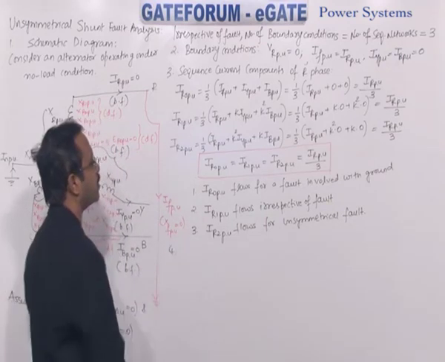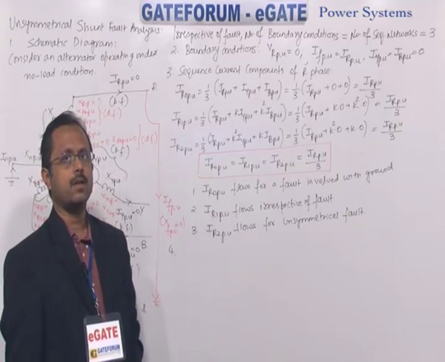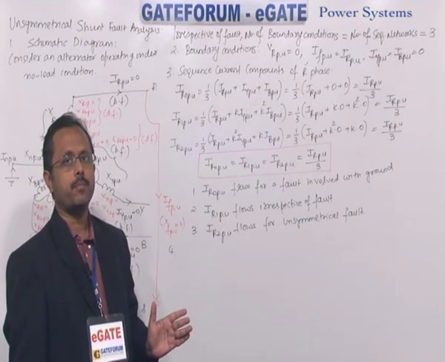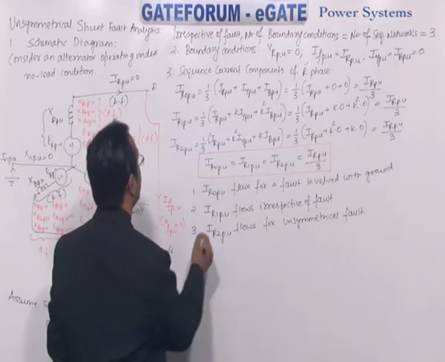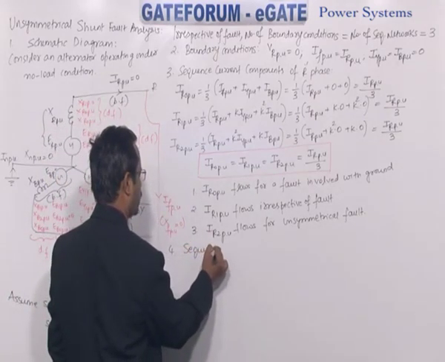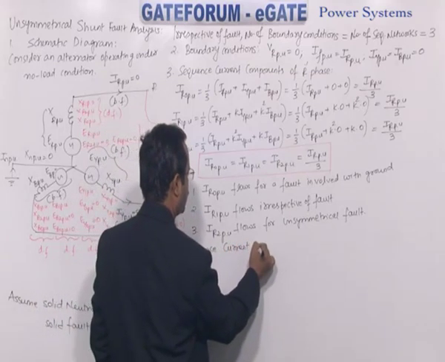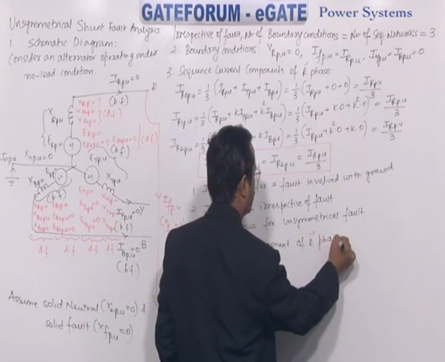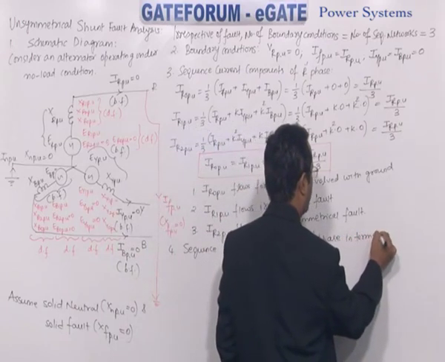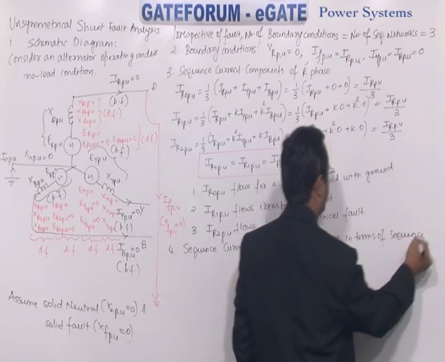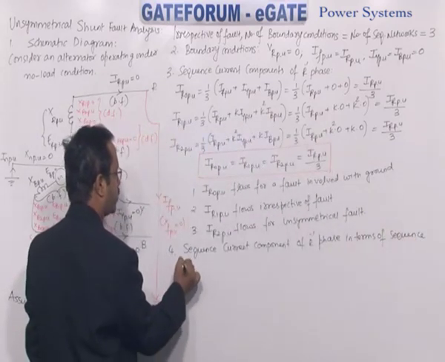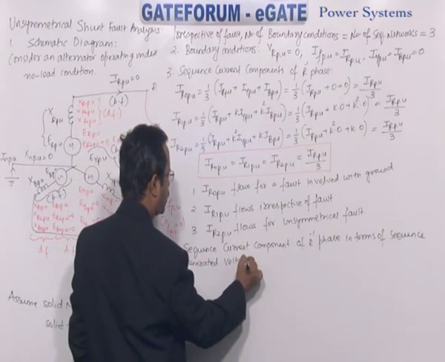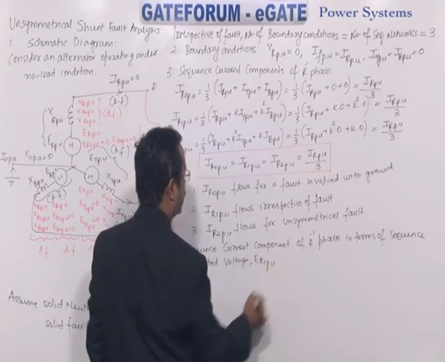Now we find out the sequence current component of R phase in terms of sequence generated voltage ER1 per unit.